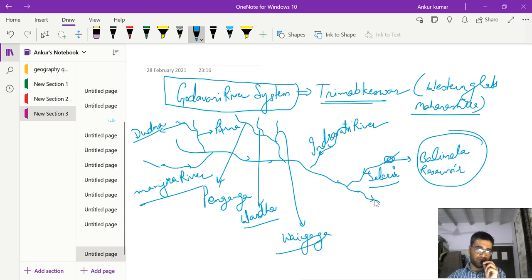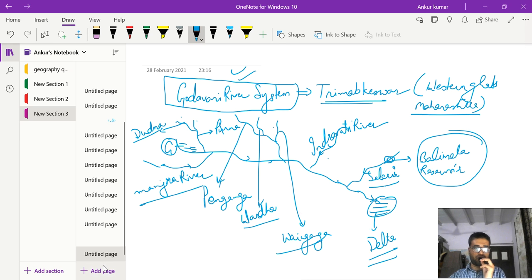After that, the Godavari River enters into the Bay of Bengal, forming the delta here. So this is the Godavari River system. Manjira, Godavari main river, Dudhna, Purna, Pen Ganga, Wardha, Wainganga, Indravati and Sileru.